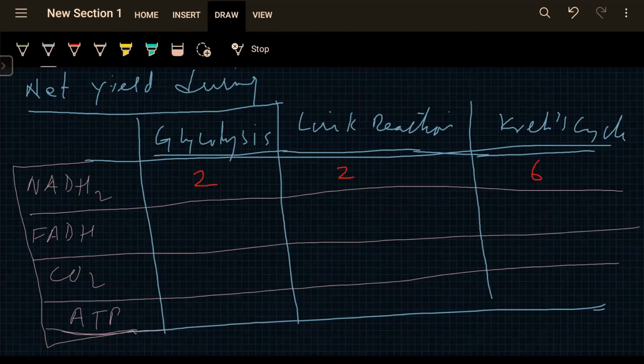FADH2, 0 during glycolysis, 0 during link reaction, and 2 during Krebs cycle. Carbon dioxide, 0 during glycolysis, 2 during link reaction, and 4 during Krebs cycle. ATP, 2 during glycolysis, 0 during link reaction, and 2 during Krebs cycle. Got that?